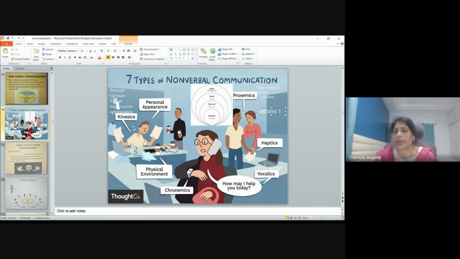So a simple example, when we see the celebrities, because they have enough money, the kind of perfumes they use, the kind of brand they use, whether it is the wristwatches or the automobiles, the cars or the furniture, the accessories they wear, the handbags they use, the laptops they carry, the shoes they wear, right? So all this will talk about the power and the level they have in the society. So that is the artifact. Okay. So these are the different types of non-verbal communication.